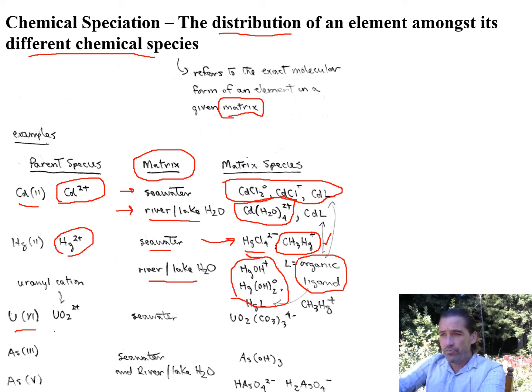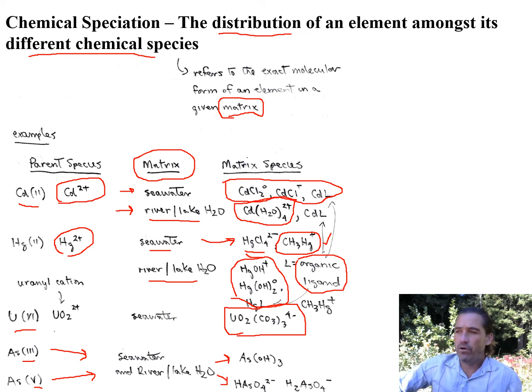Another example, uranium. It's primarily found in a carbonate form in seawater. And I could go on and on with examples, but some elements such as arsenic, it depends upon the oxidation state. And it's similar in both seawater and river water, but again, depending upon the oxidation state, it will have a different form or different speciation.